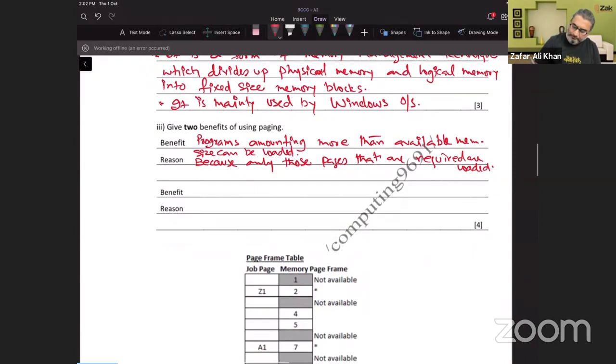Second benefit, we can still load programs when RAM is full.